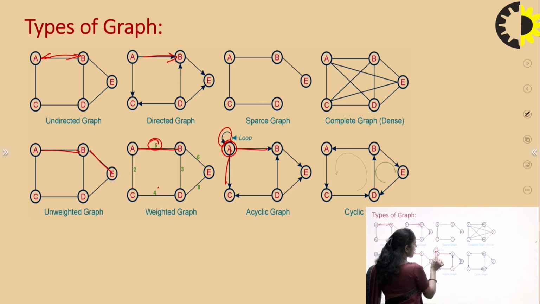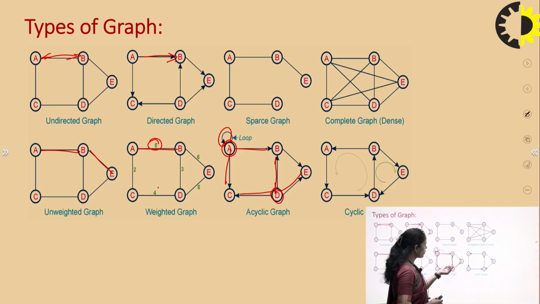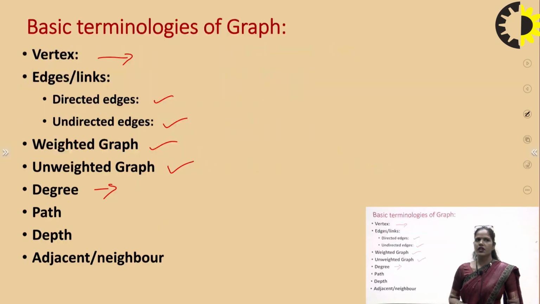So A has degree 3. Is D having any incoming edges? No. So the degree of D is 3 because 3 edges are outgoing to other vertices. So this is the concept of degree.